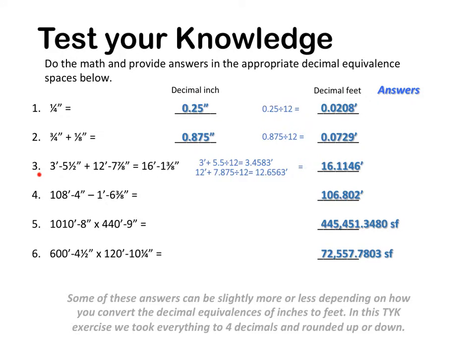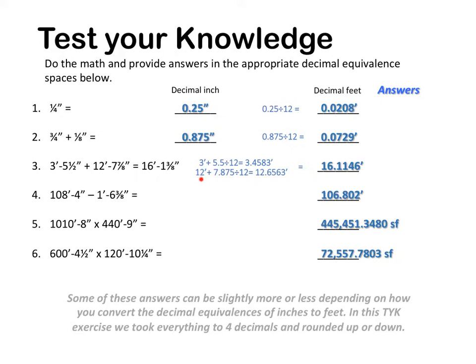Number 3, first we have to add 3 foot 5½ inches plus 12 foot 7 7/8 of an inch, and that equals 16 foot 1 3/8 of an inch. And then what I did up here is I took 3 foot plus the 5½, divided the 5½ by 12, and I came up with 3.4583 decimal feet.